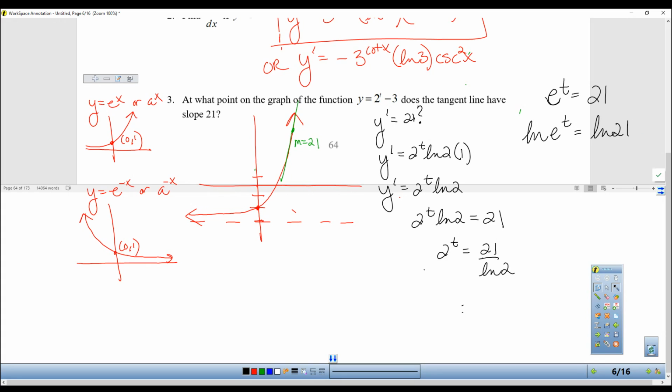Ln of 21. Do you know how to get rid of a base 2? There was the clue. The reason this works is because ln is really log base e. You're taking log base e of both sides. So to get rid of this, you want to take log base 2 of both sides.